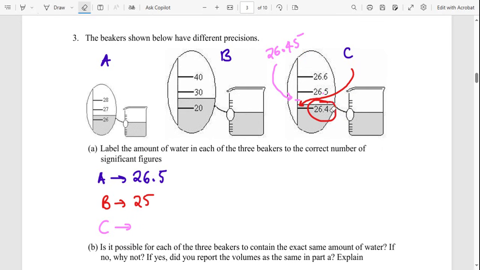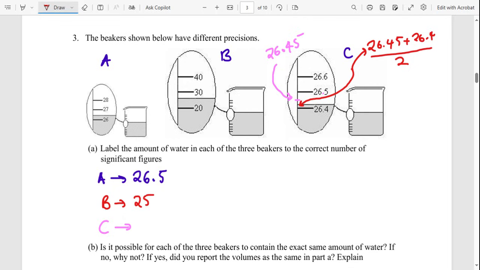So it's going to be 26.45 plus 26.4 and then divided by 2.